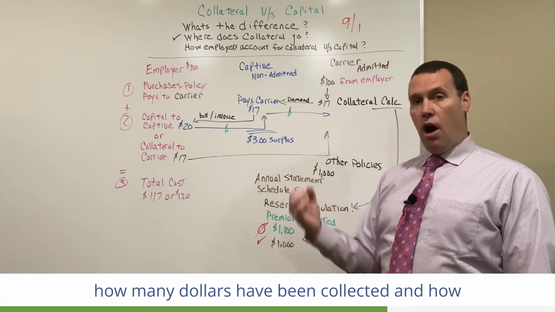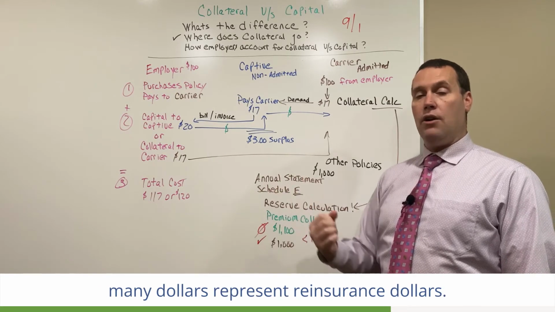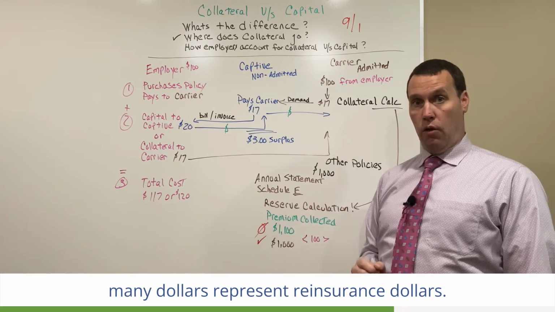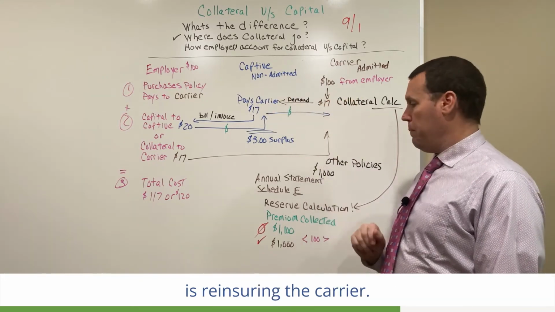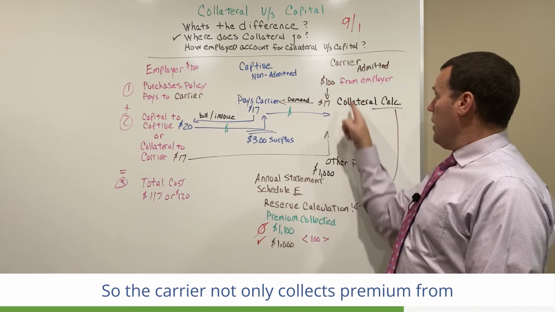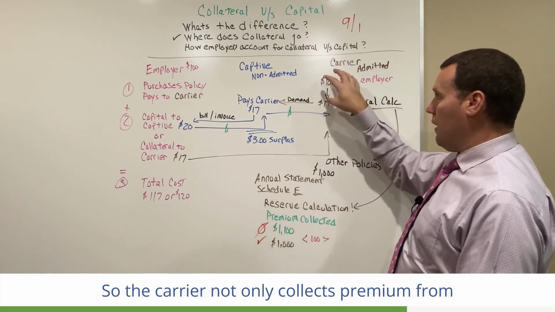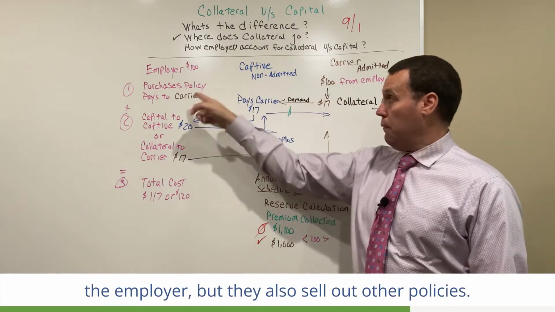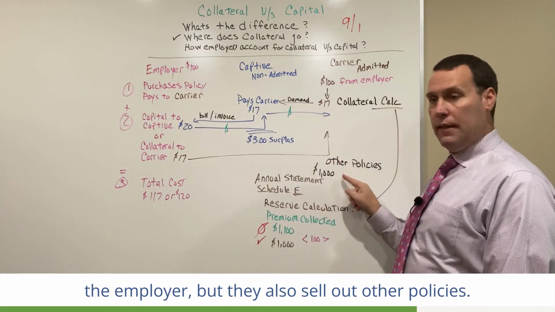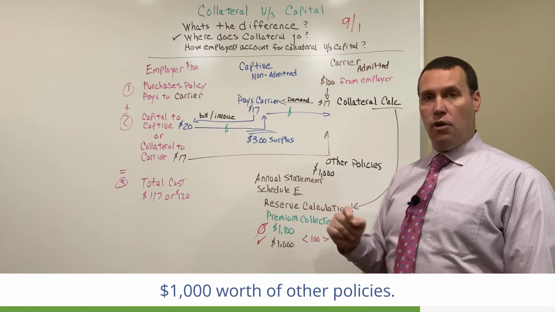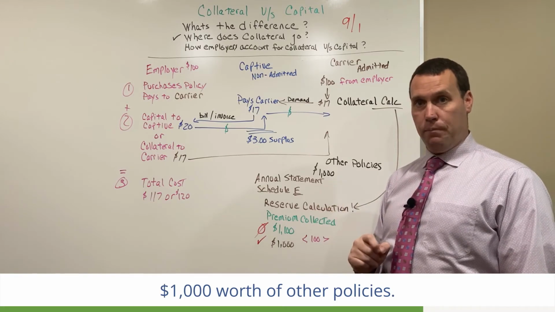That Schedule F expresses how many dollars have been collected and how many dollars represent reinsurance dollars. Because remember, the captive is reinsuring the carrier. So, the carrier not only collects premium from the employer, but they also sell other policies. And let's pretend that there's $1,000 worth of other policies.